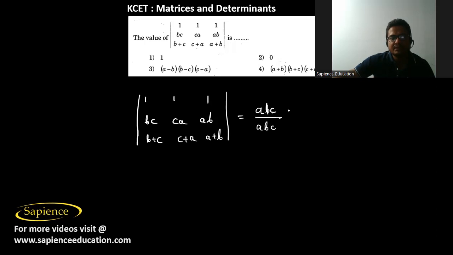So ABC by ABC times the determinant of 1, 1, 1, A, B, C, and B plus C, C plus A, and A plus B.